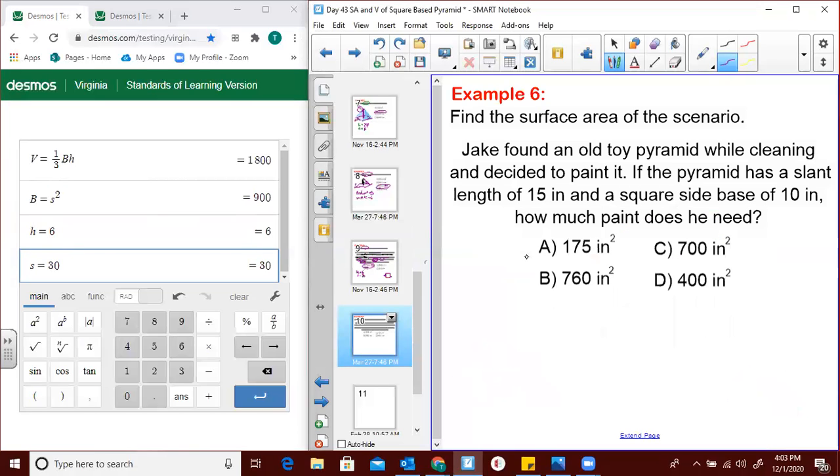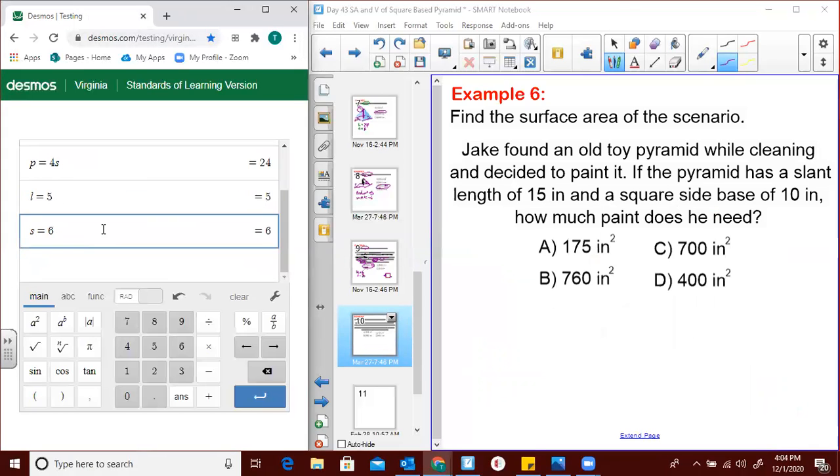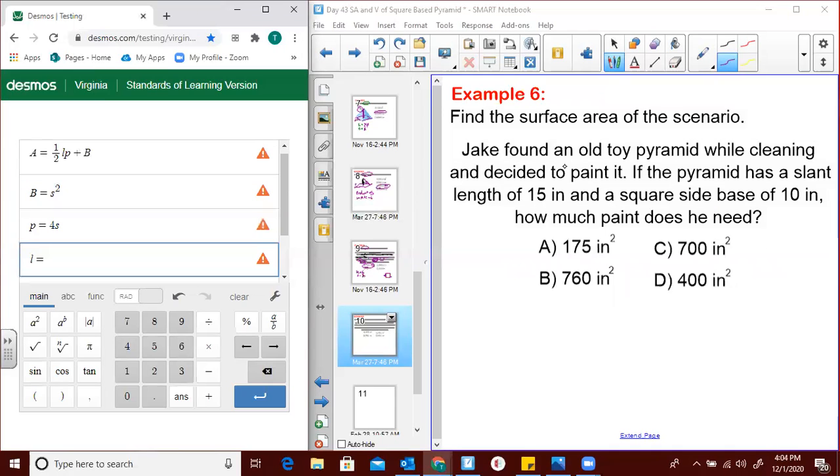All right, and last but not least, forgot to clear out Desmos on this one, is we are looking for the surface area of this scenario. So Jack found an old toy pyramid while cleaning and decided to paint it.